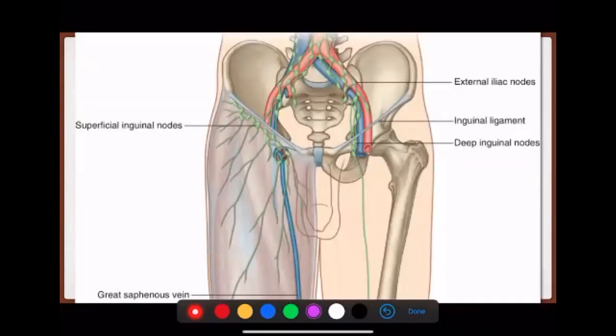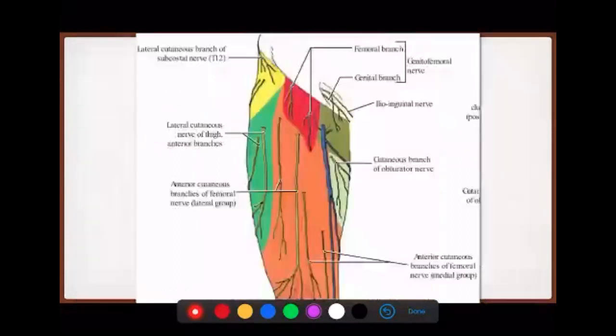These are the superficial inguinal lymph nodes, and these are the deep inguinal lymph nodes. Coming to the genitofemoral nerve, these are the femoral branch and genital branch, within the femoral triangle.